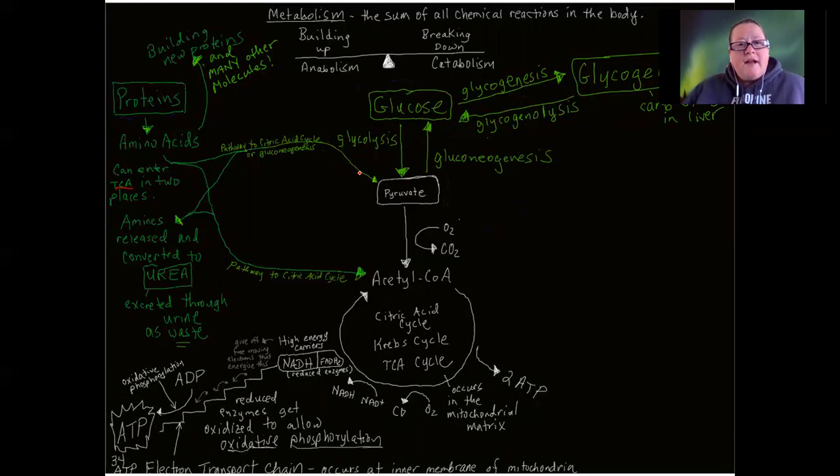It can enter as pyruvate, and at this point, it could be used for gluconeogenesis if there is a need in the body for more glucose, or it can enter into the acetyl-CoA start of the citric acid cycle to ultimately get the ATP.